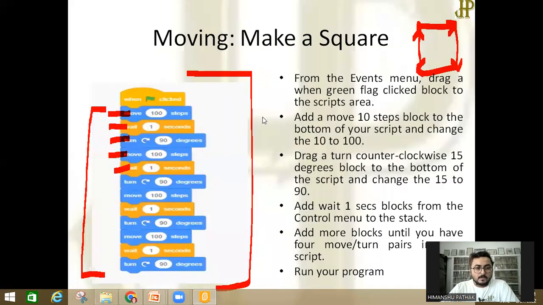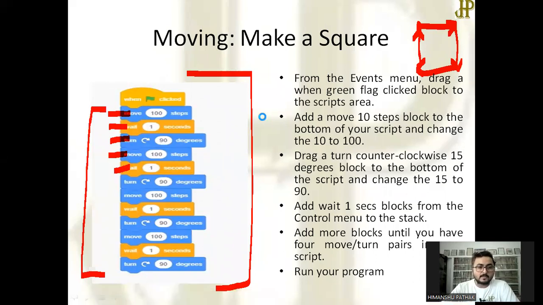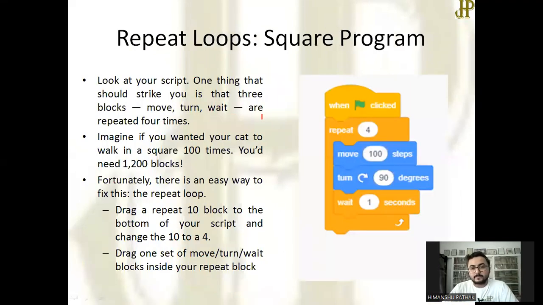So make a square. Okay. You can create it. Here, in the previous slide, you can see that I have to write the same logic: first, move 100 steps; second, move clockwise 90 degree, and then wait for 1 second.